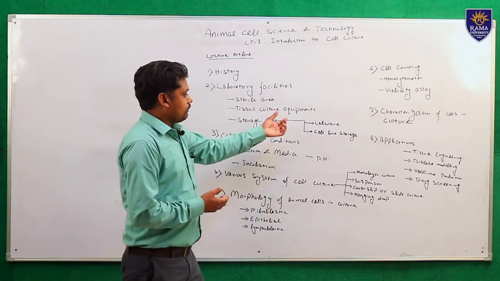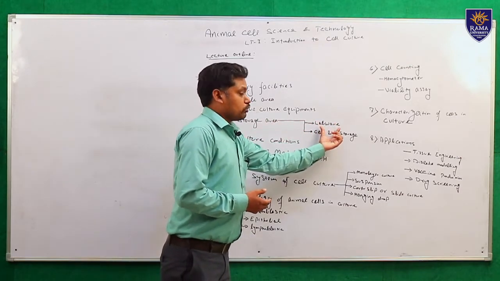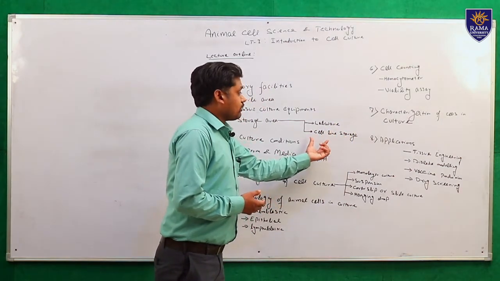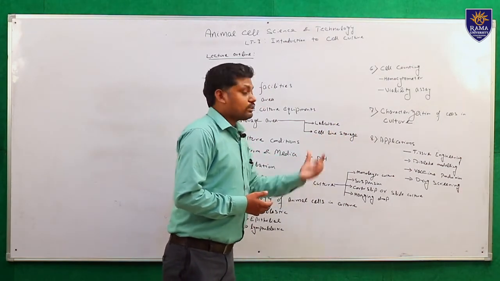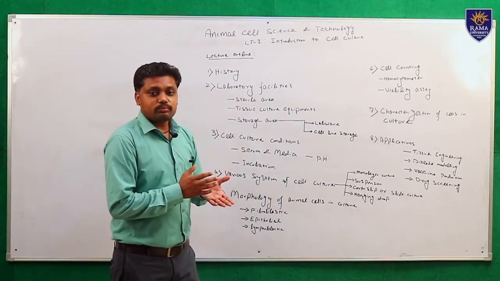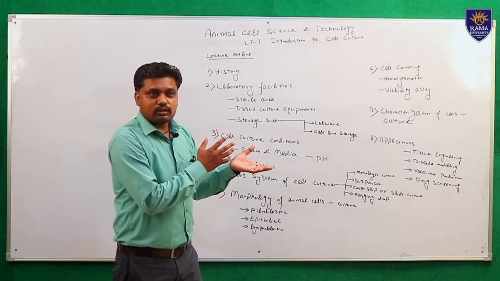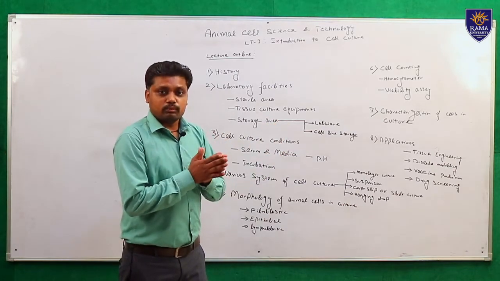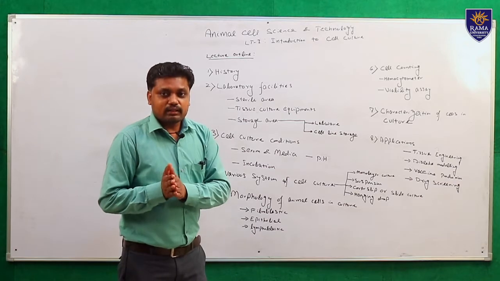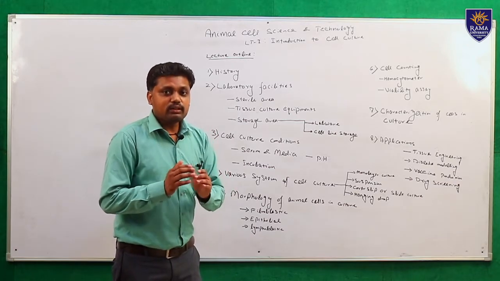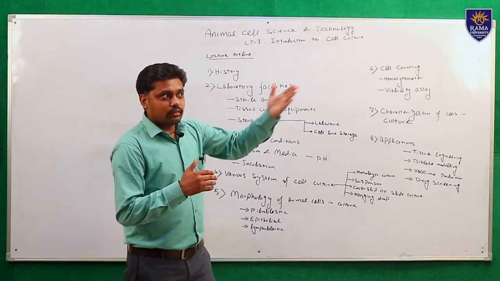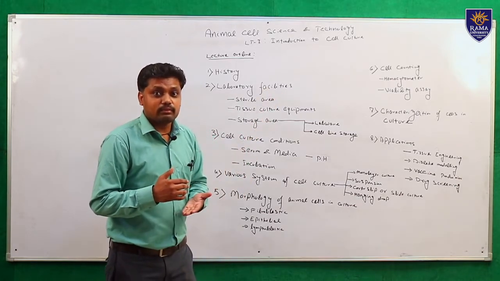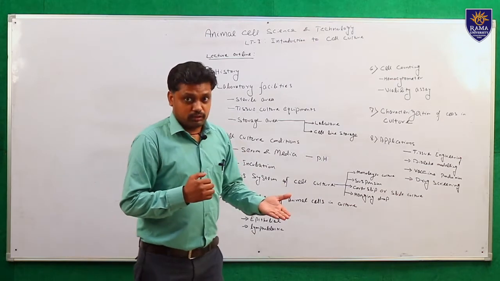Storage area can further be categorized into storage for lab wares, chemicals, and cell line storage. Now the question is, what is cell line storage? Suppose you have taken a cell from some animal source or human body, grown it in culture, and after that you have characterized it. Every time you are not going to do the same process because it is very time consuming, and the chemicals used in animal cell culture are very costly.